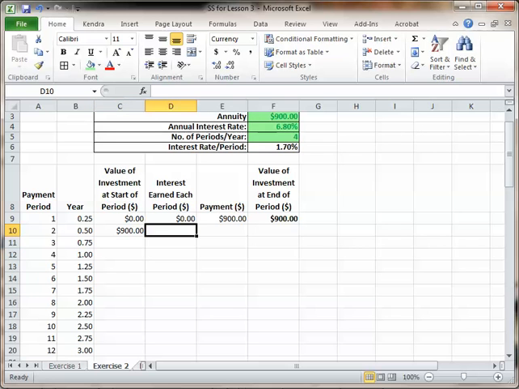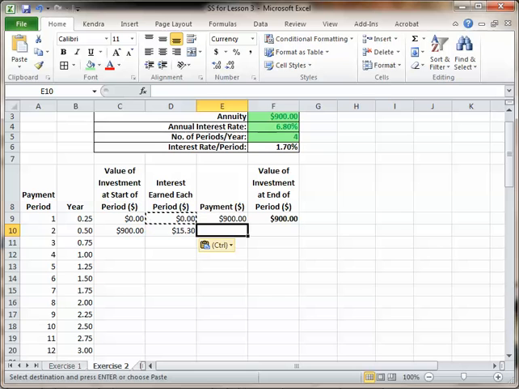The interest earned is now going to be our 900 times our interest rate. Now we've already got that formula, so I'm just going to do a copy paste. I'm going to go Control C for copy, move into the cell I want it to go into, Control V for paste, and on the $900 we're making $15.30 of interest.